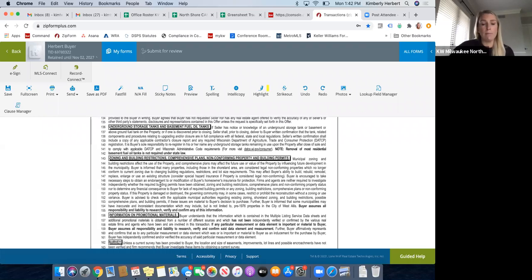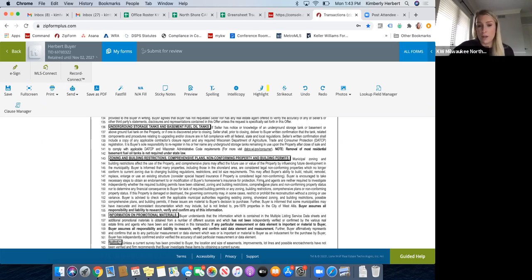Then there's a zoning and building restrictions, comprehensive plans, non-conforming property, and building permits disclosure. This talks about municipal zoning and building restrictions affecting the use of the property. This is just a really long, boring disclosure about zoning. Buyers encouraged to take necessary steps to obtain an endorsement or modification of buyer's homeowner's insurance for protection.